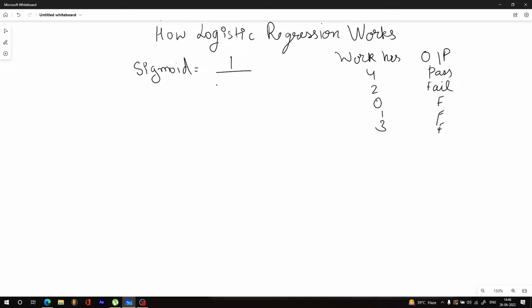So what is a sigmoid? This is the sigmoid function. We know that our hypothesis for linear regression is theta 0 plus theta 1 x1, right? This is our hypothesis.